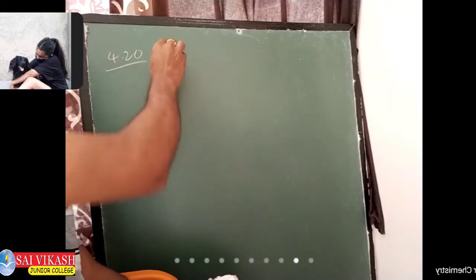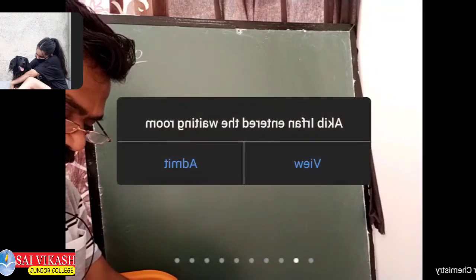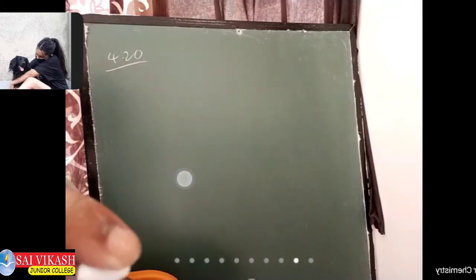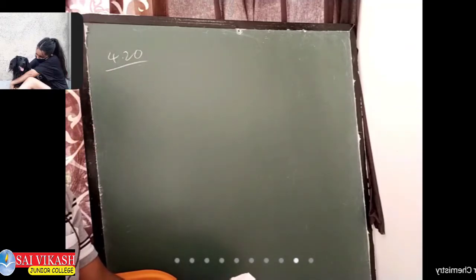Yeah, 4.20, number 20. So for the decomposition of azoisopropane to hexane and nitrogen at 543 Kelvin, the following data is obtained. So by using that, calculate the rate constant.